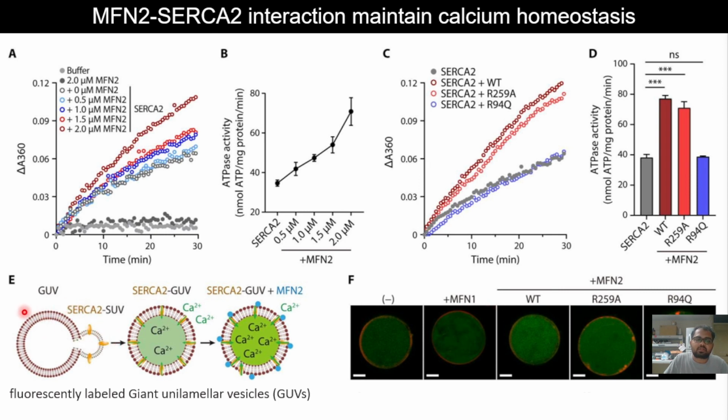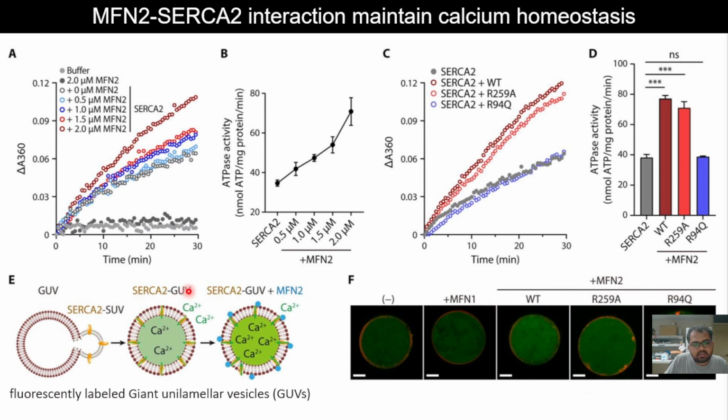They're fused, so the SERCA2 will be distributed on the surface of this membrane. So basically, in this experiment they try to do it in a tube. So they are creating an ER and then they are giving this MFN2 and they are seeing whether they are interacting.